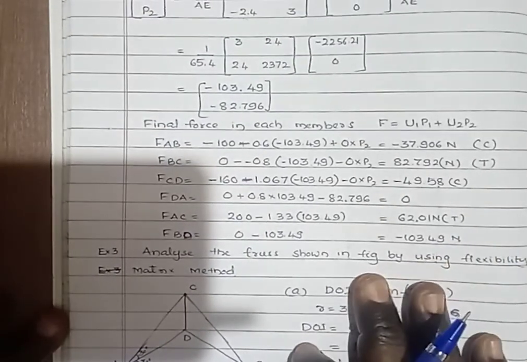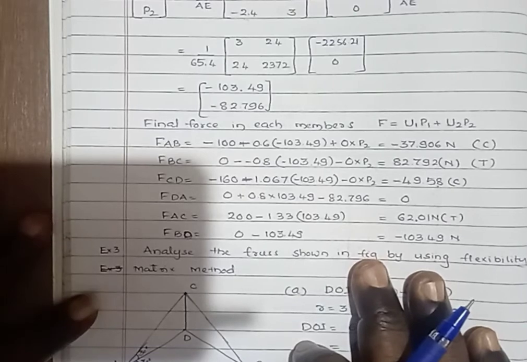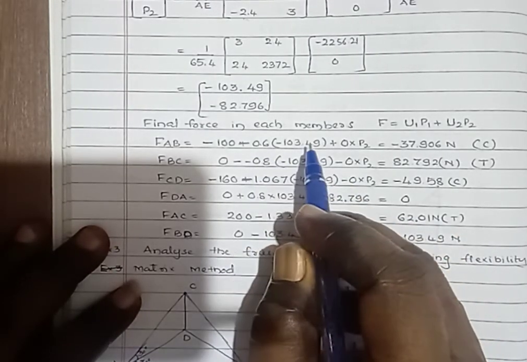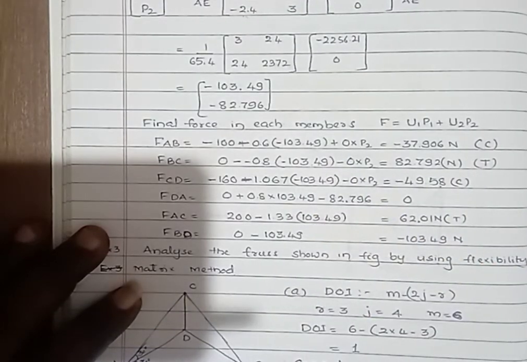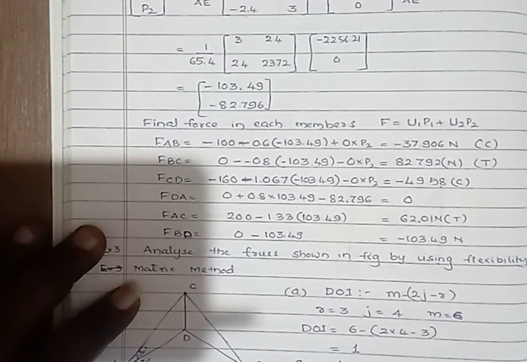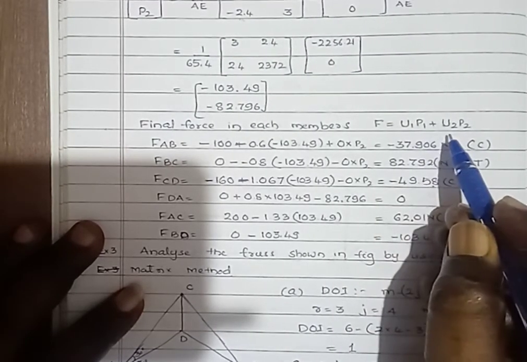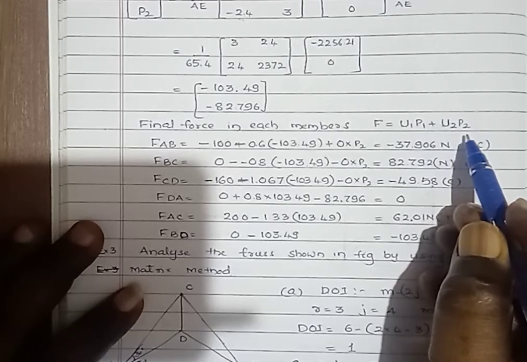Here these are the values of the redundants 1 and 2 respectively. Then the final force in any member is given by F equals u1 into p1 plus u2 into p2.